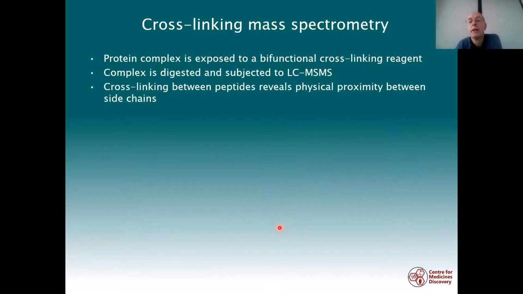Okay, so this is a cross-linker that can react on both ends. We then take our complex and digest it with the protease, and then we do LC-MS-MS. And what we're looking for is hybrid peptides. So we're looking for a peptide from one of the binding partners linked by the cross-linker to a peptide from the second binding partner. And that will reveal a physical proximity between these two side chains.